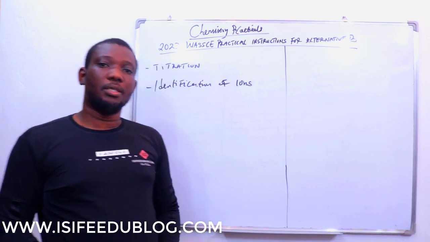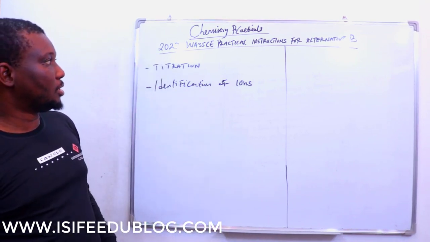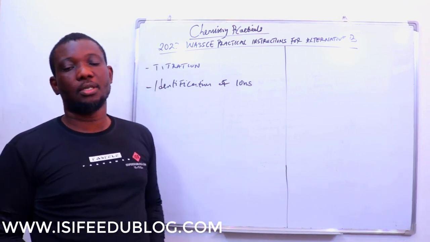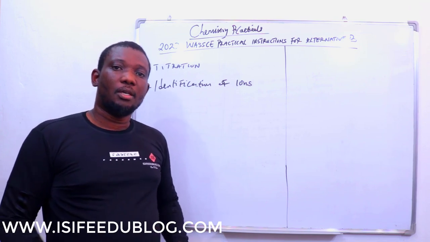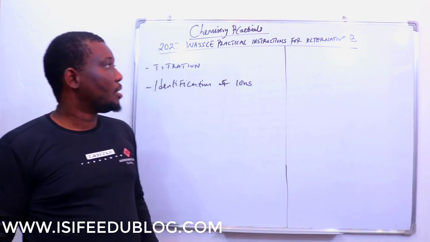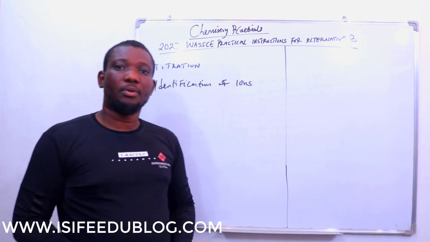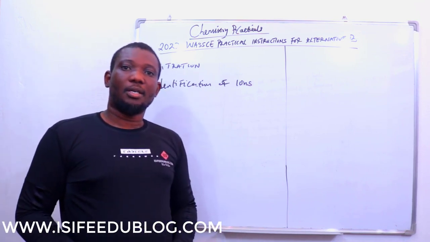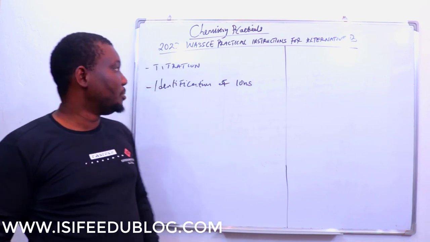In the last video, we carried out a series of experiments, preempting what the examiners will likely come out with, and we thank our subscribers for their support and encouragement they have been giving so far.